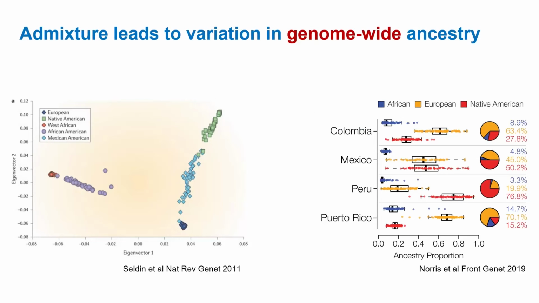That mosaic of segments of different ancestral sources induces a unique feature for admixed individuals, where every individual has their own unique mosaic of ancestries, which leads to a unique proportion in genome-wide ancestry. So that's the proportion of how much of one's genome comes from the red or the blue population in that case.